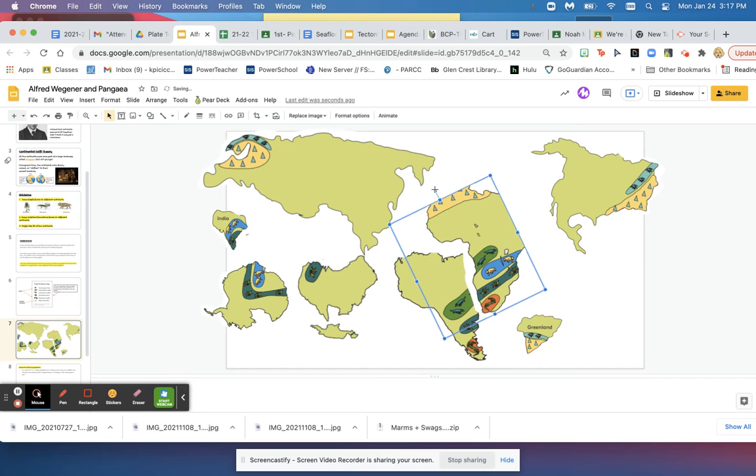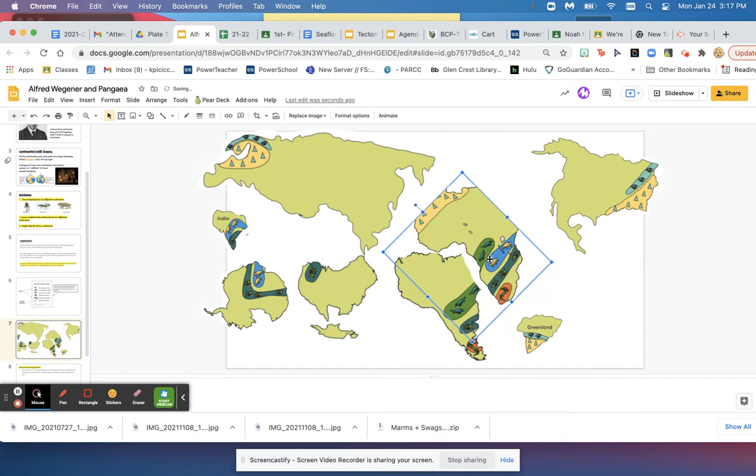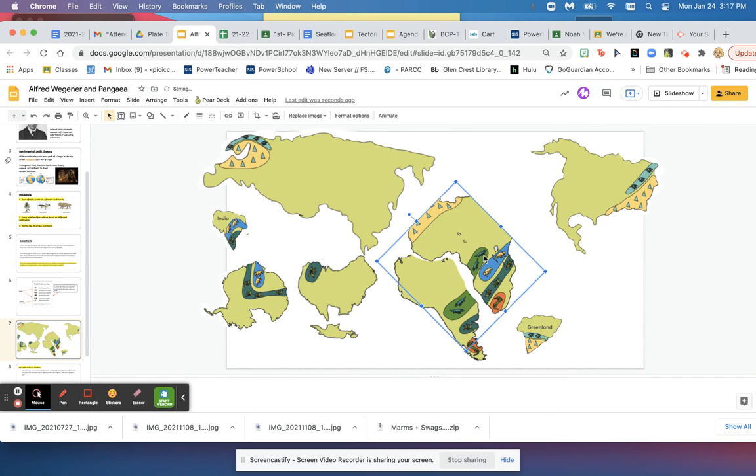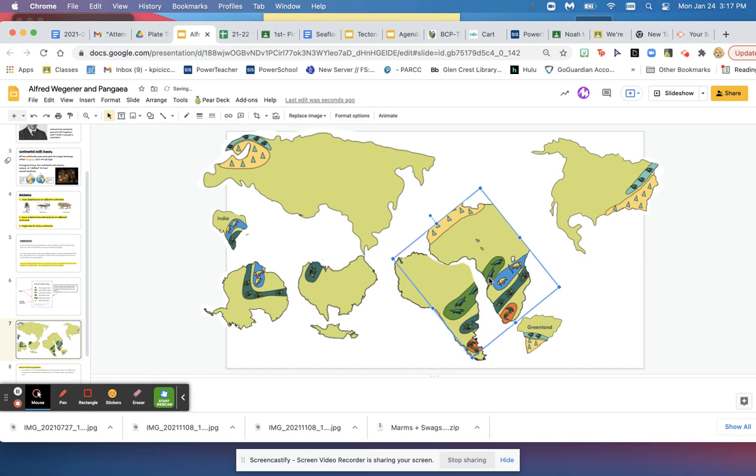But if you move it around just right, you'll see that these match up and fit into each other like a puzzle. I also see that the fossils line up. Here's the green band of fossils, here's the blue band, here's the red band. It makes sense that maybe these two continents used to be nestled close to each other in this formation. Then I can try matching up some of the others.